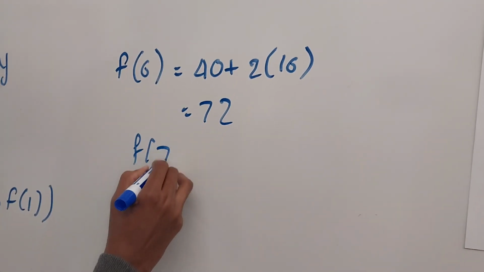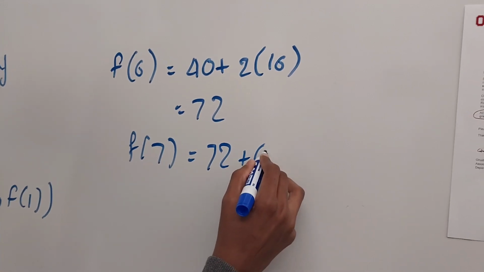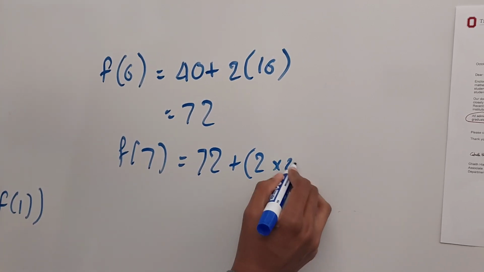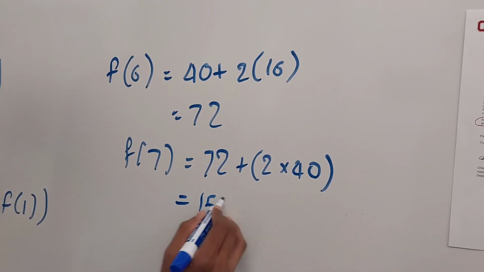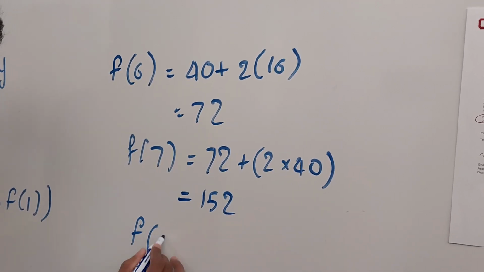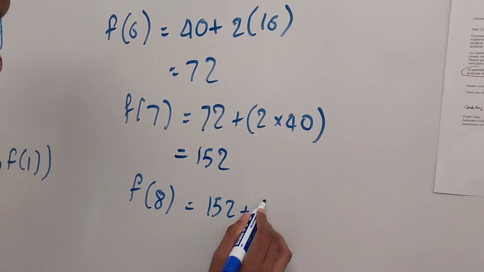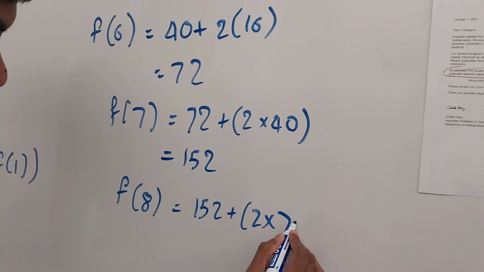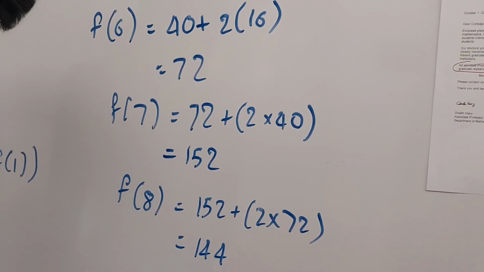F of 7. 72 plus two 40's. Great. That's 152. Let's do one more. 152 plus 2 times 72. Yep, and that's 144, so 286, I think.